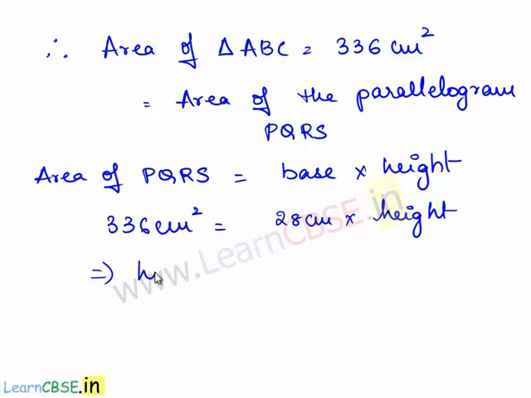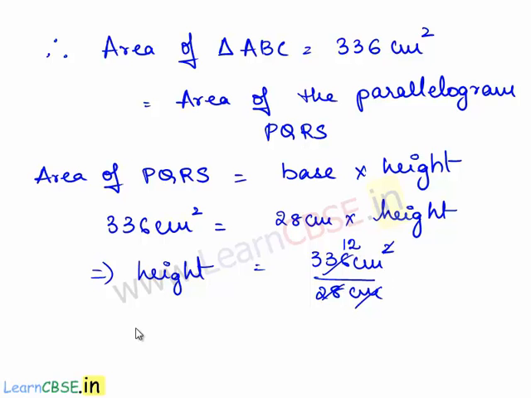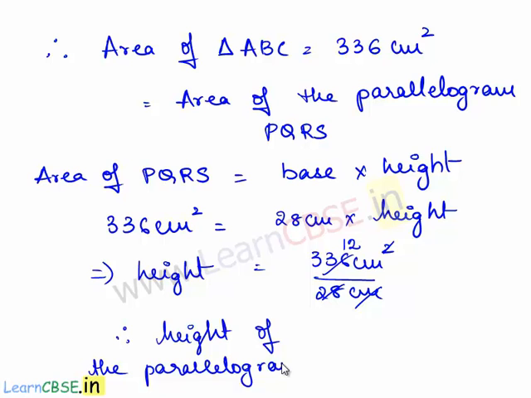So this implies height of the parallelogram is equal to 336 centimeter square divided by 28 centimeters. 28 goes in 336 12 times, and therefore height of the parallelogram is equal to 12 centimeters.